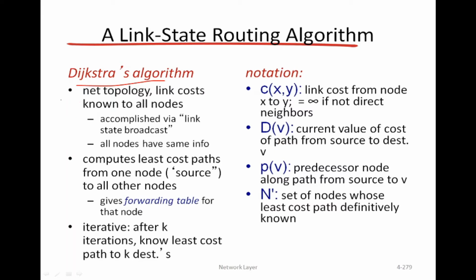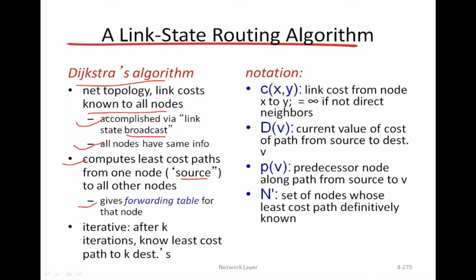The network topology, that is the network structure, and the link cost of all the nodes are known to all the nodes here. This is accomplished via the link state broadcast, and all nodes have the same information. It computes the least cost path from one node, that is from the source, to all the other nodes, and gives the forwarding table for that node.